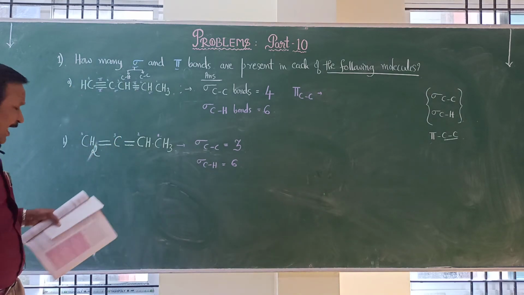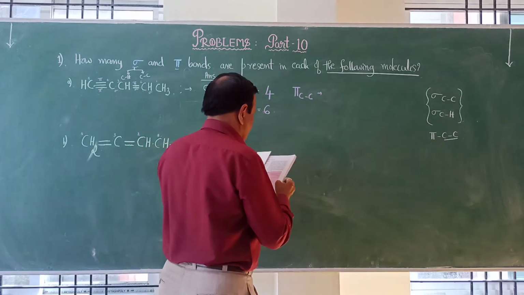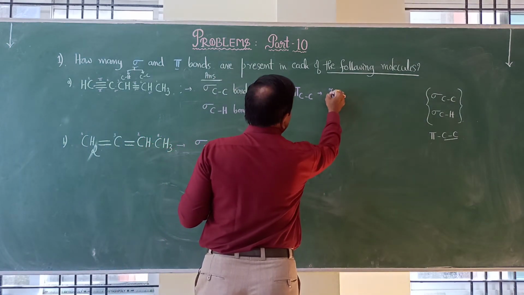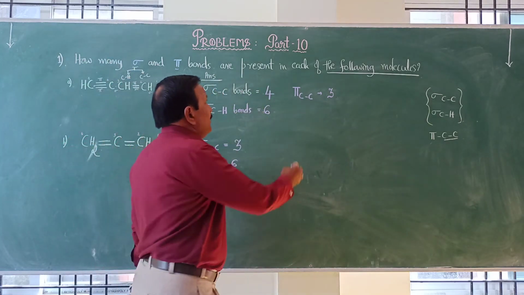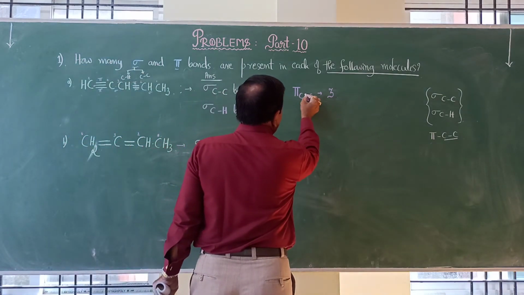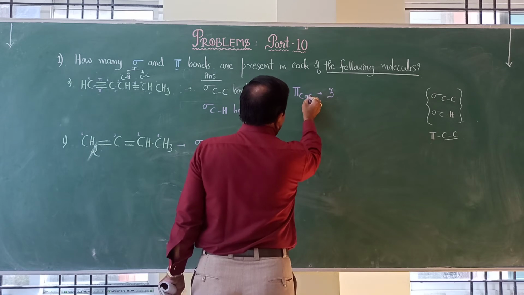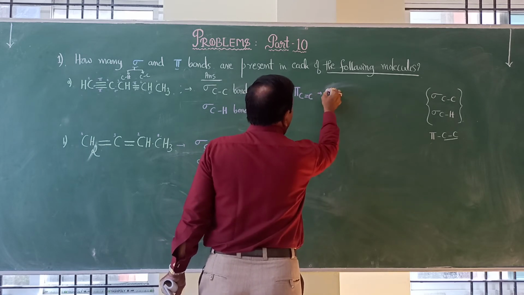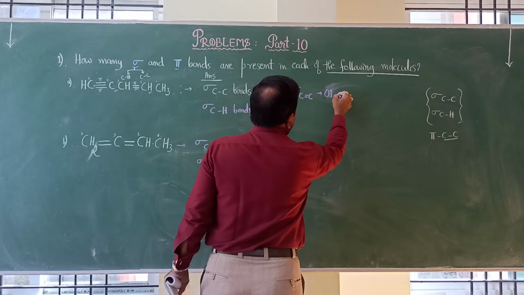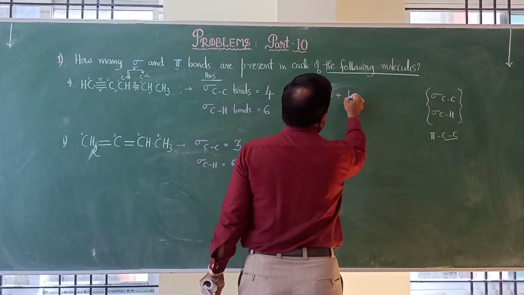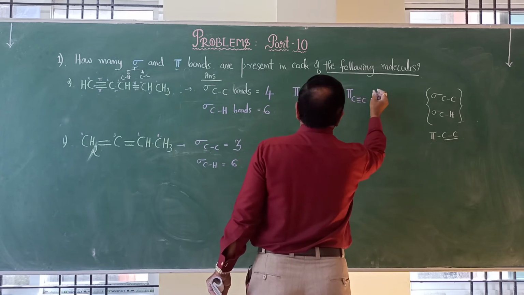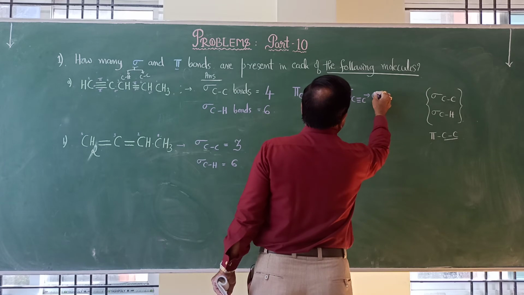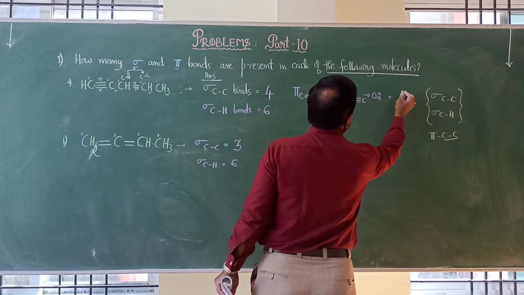So totally there are 3 pi bonds. And if you want very particular, pi carbon double bond carbon 1 is here, and plus we get pi carbon triple bond carbon, here there will be 2, so totally there will be 3.